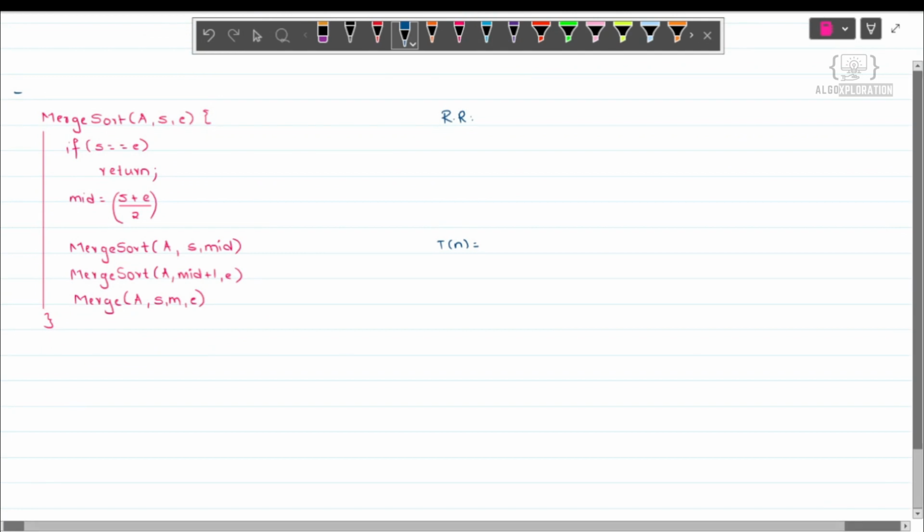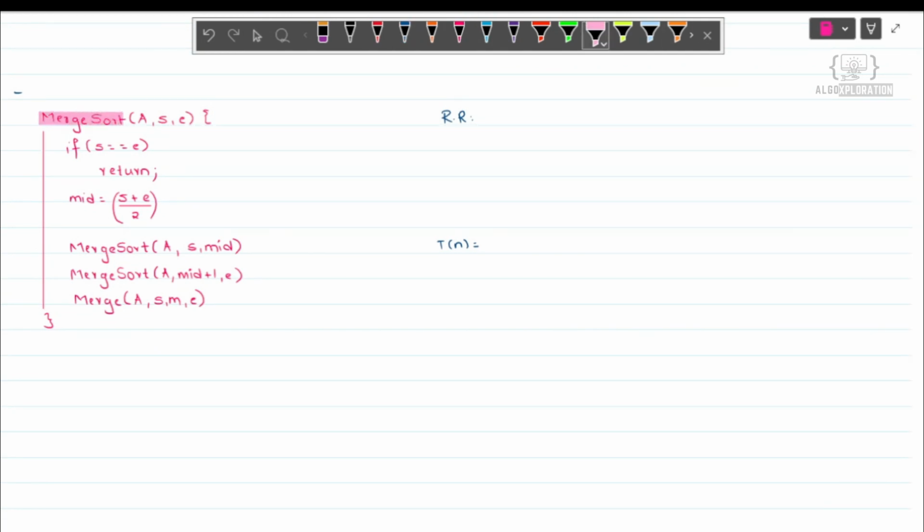Let's see the pseudocode. I have named the function merge sort, and we are passing the array A, the start index and the end index, and we will check whether start is equal to end or not. If it is, then we will simply return nothing. This is because the array contains only a single element.